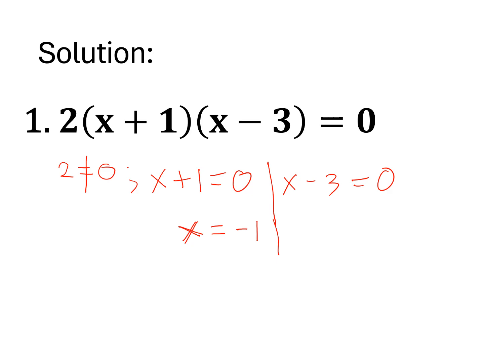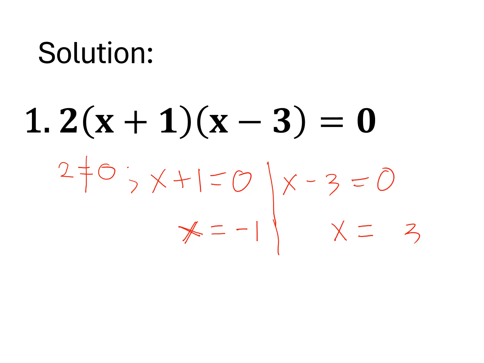Then positive 1, we transfer this to the right side, so the sign becomes negative. Okay, here is the other equation. So x is positive 3, or you can just eliminate the positive sign. Automatically, if there is no sign, that is positive.